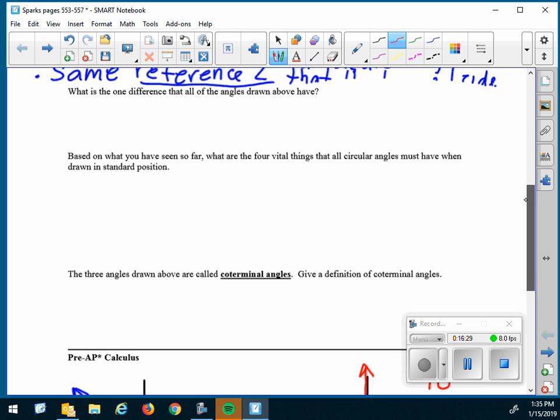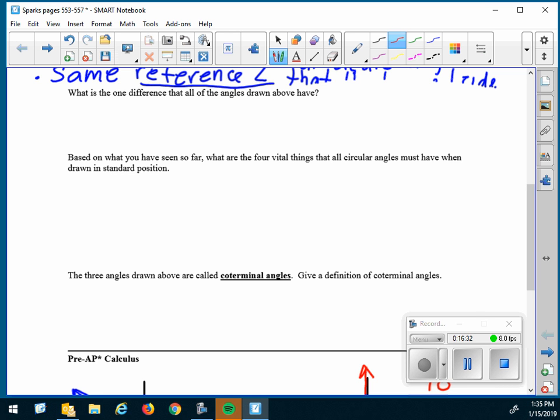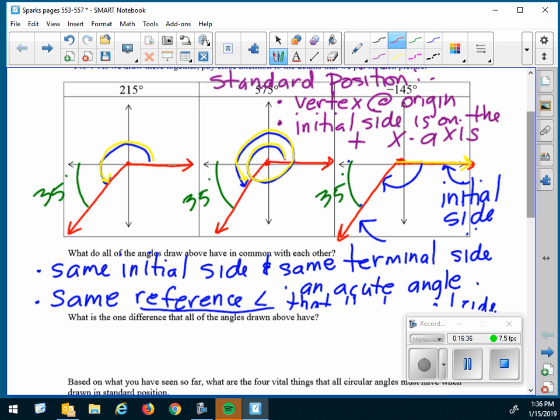Okay. What is the one difference that all of those angles we drew up there have? Well, the degree measures are different, but what in the picture is different?